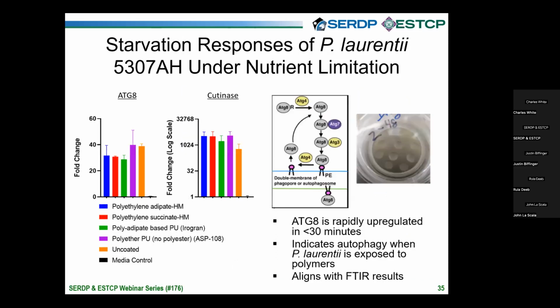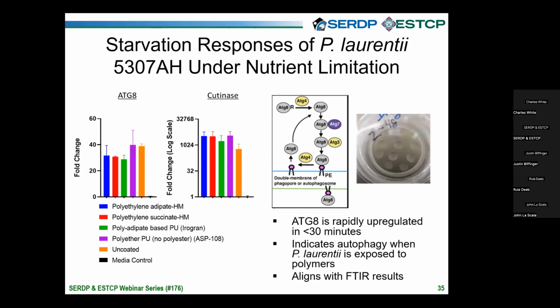We also confirm this autophagic state using RT-qPCR through a lot of really hard work by our AFRL teammates. What they used was the ATG8 gene, which is a key autophagic protein identified in yeast of approximately 34 genes.